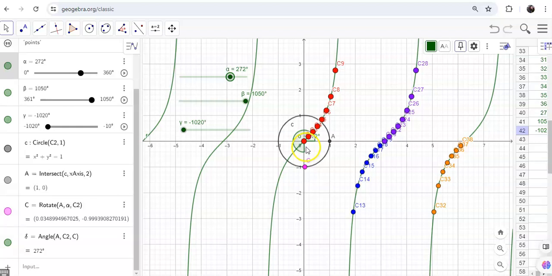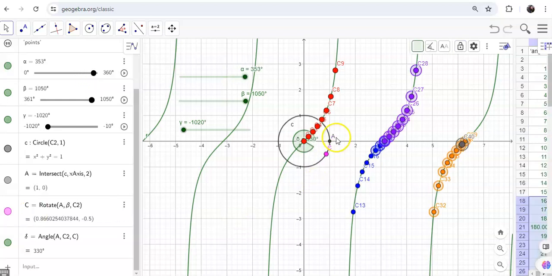Angle AC2C is now ready, so let's slide the slider alpha. So in the first quadrant, and then second quadrant, third quadrant, and then fourth quadrant. Same angle AC2C, but now we're going to slide the slider beta. Are you ready? Okay, let's observe.